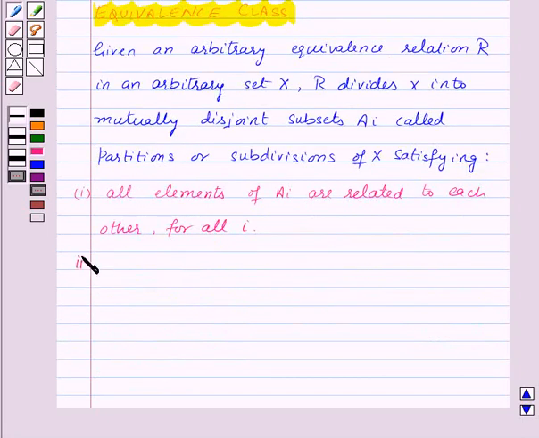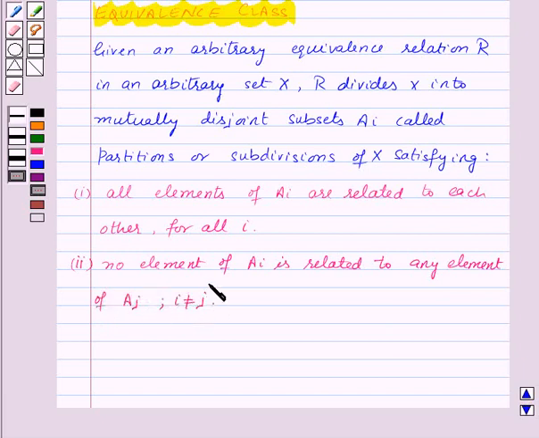Second, no element of a subset is related to any element of some other subset. That is, no element of Ai is related to any element of Aj, where i is not equal to j.